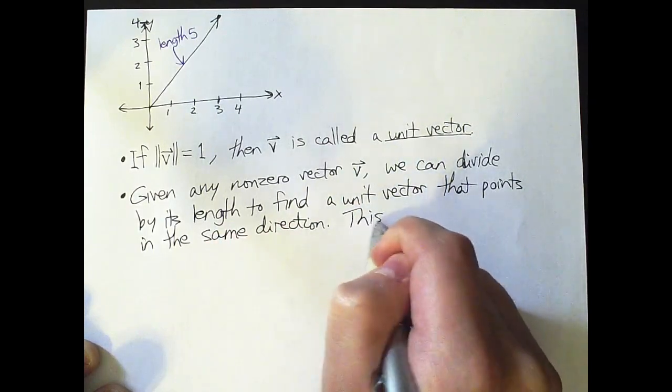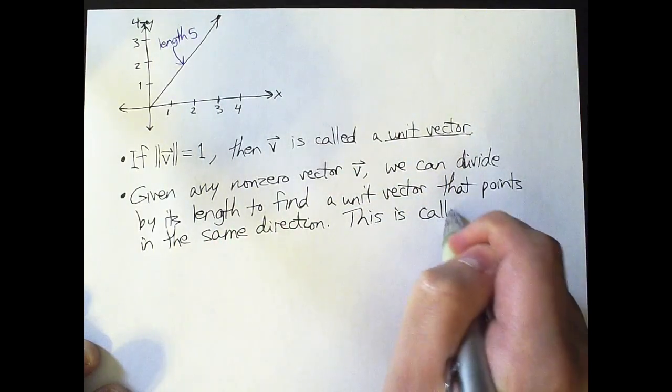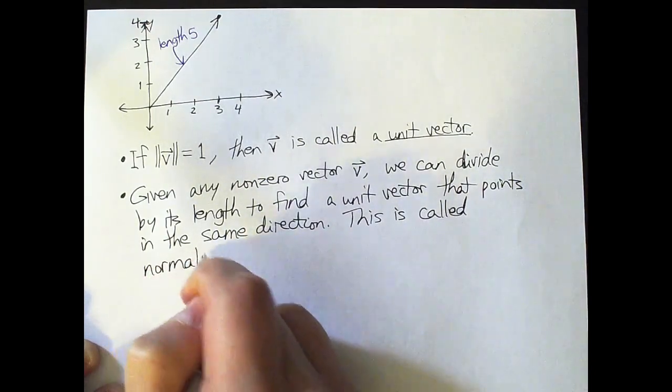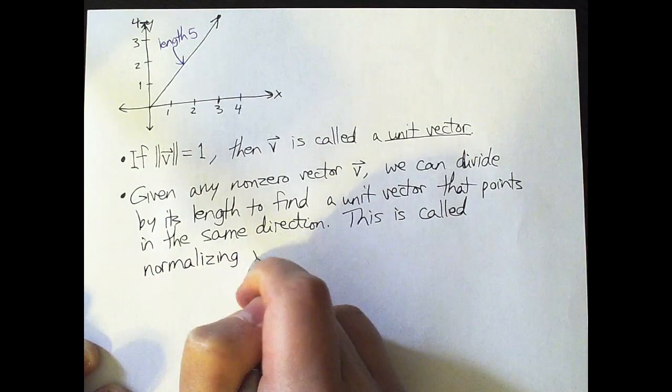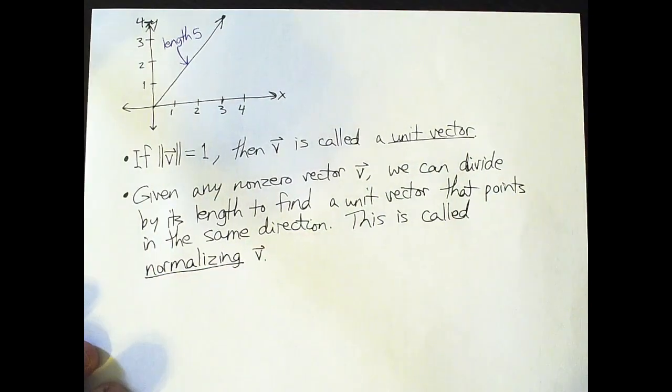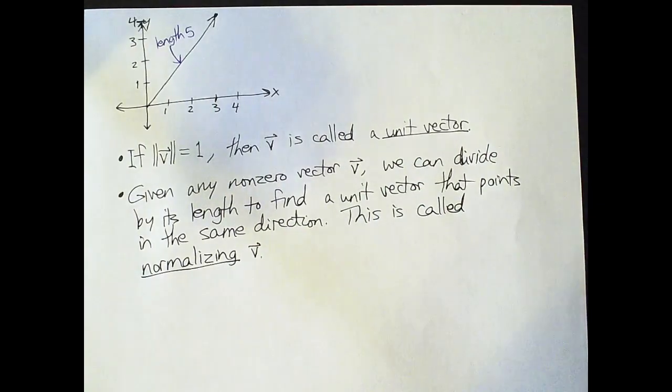This is called normalizing v. So we take a vector, we divide by its length, and it gives us a unit vector that points in the same direction.